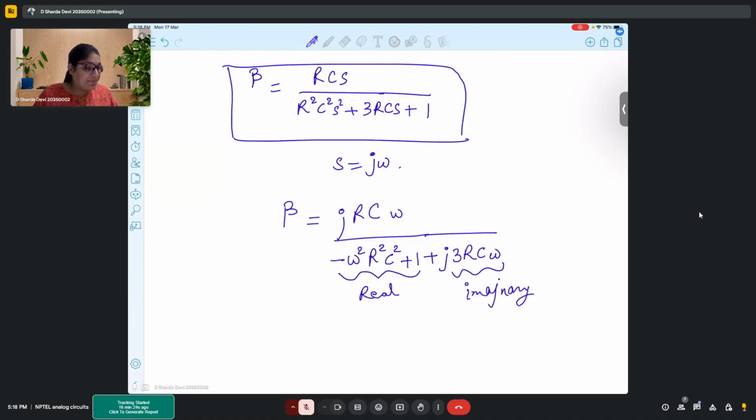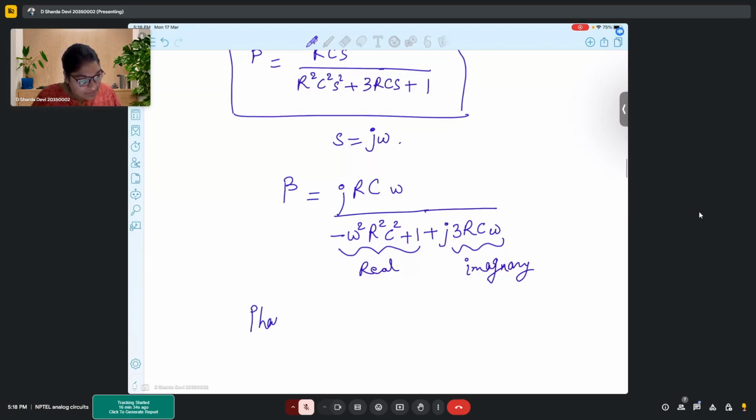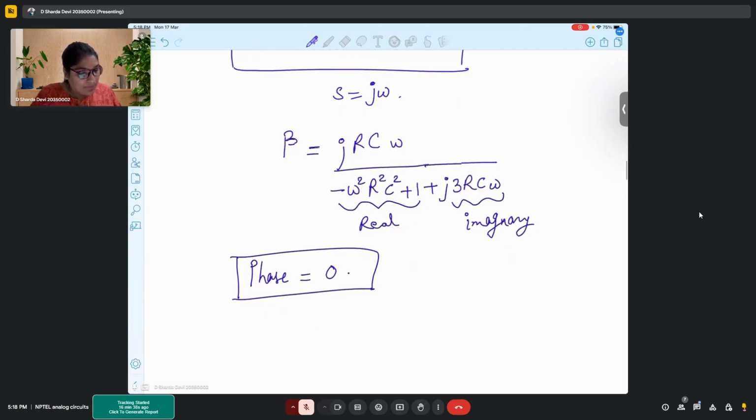Now why are we separating them into real and imaginary parts? Because we have to write the phase, right? What we observed, the phase required is 0 degrees. So the phase that we need to observe from beta should also come out to be 0. Now how can I get my phase as 0 degrees?